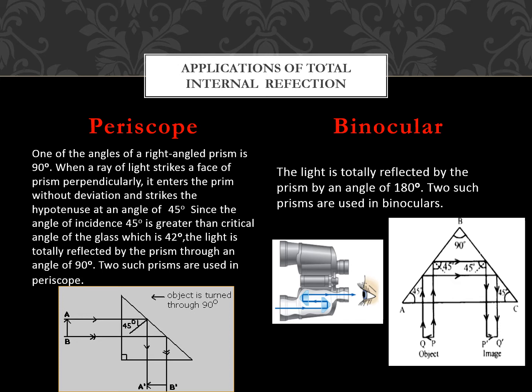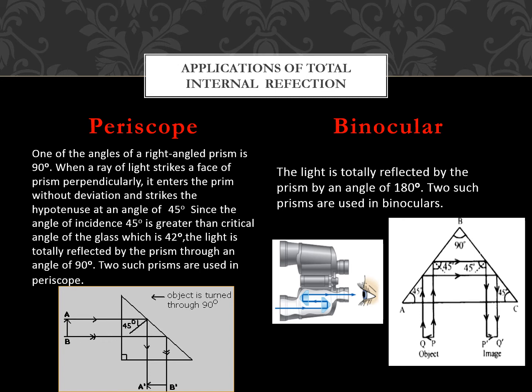The object AB is placed and two light rays are emitted, one from the head of the object and one from the tail of the object. So two light rays are emitted from it and enter inside the prism perpendicularly.